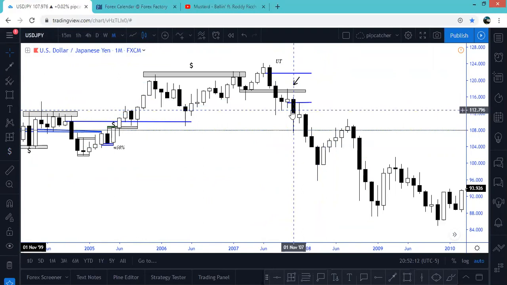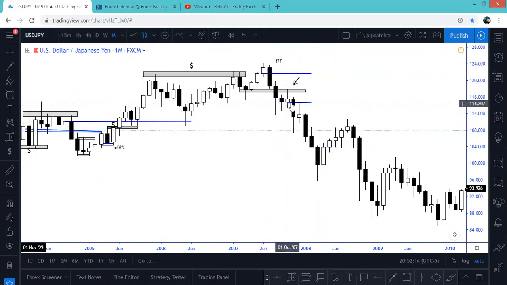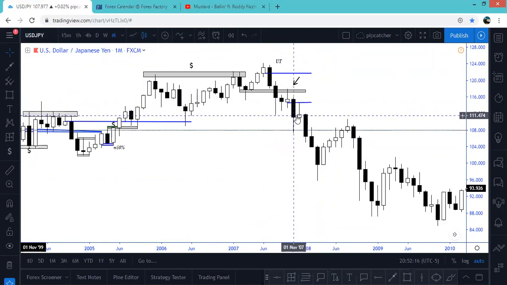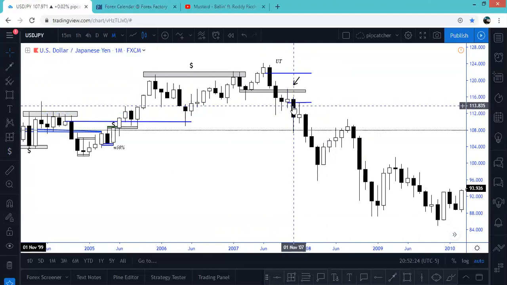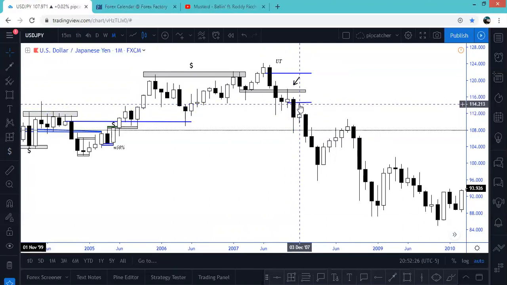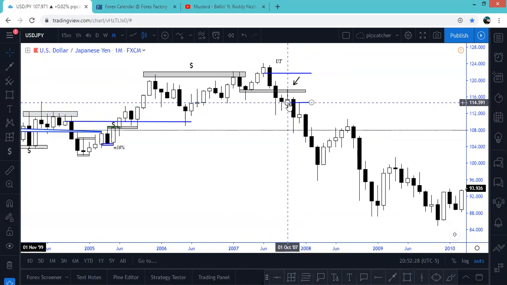So price gets engulfed. Two months get engulfed. We have obviously maybe some imbalances or slippage on lower time frame perspectives, and we come back up and mitigate out of these buying orders.